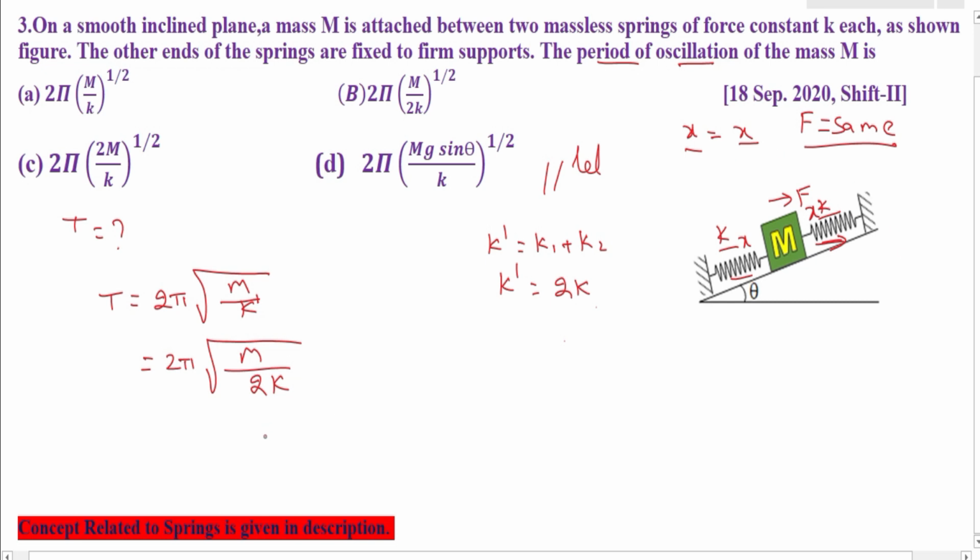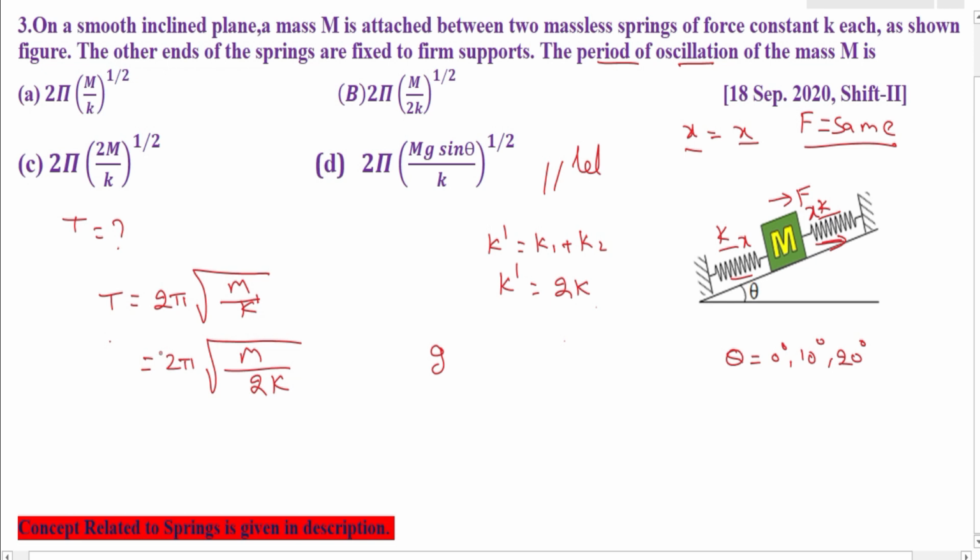The other point you have to remember is that the formula for time period, T is equal to 2 pi root m by k, is independent of acceleration due to gravity. That is, irrespective of theta, whether theta is 0 degrees or 10 degrees or 20 degrees, whatever it may be, if this spring mass system is disturbed, it oscillates with this time period only.